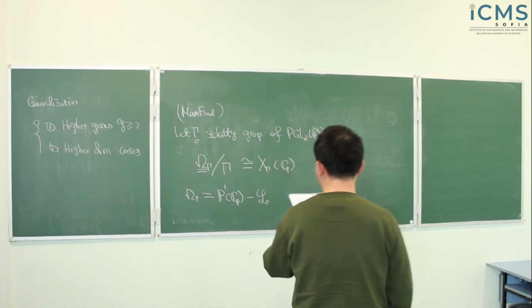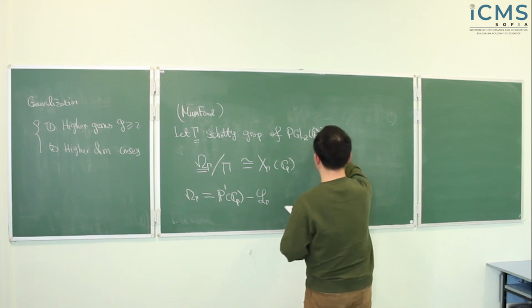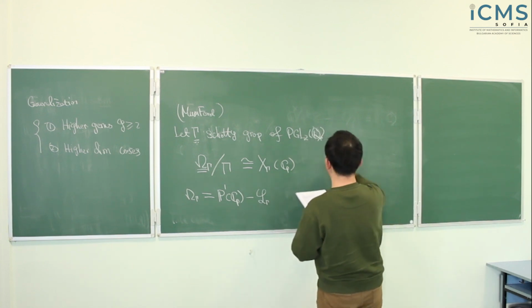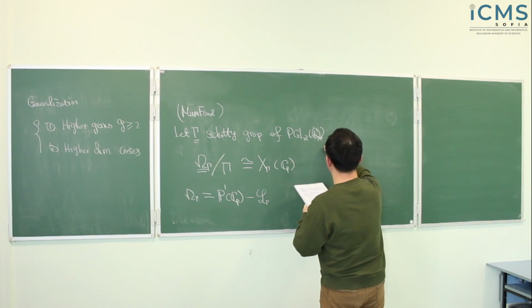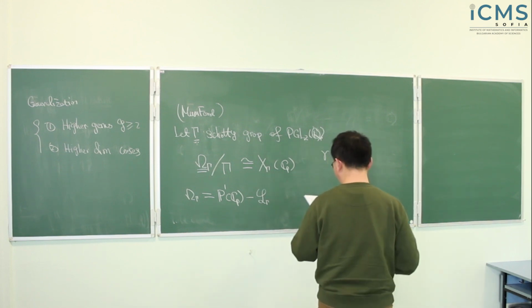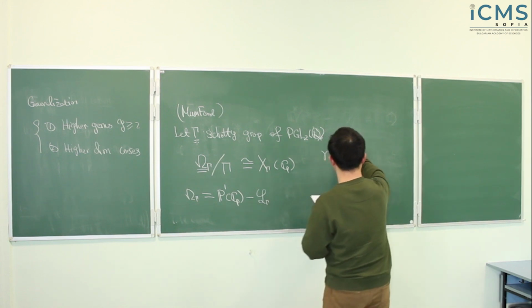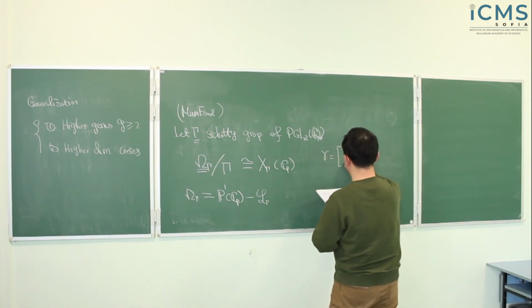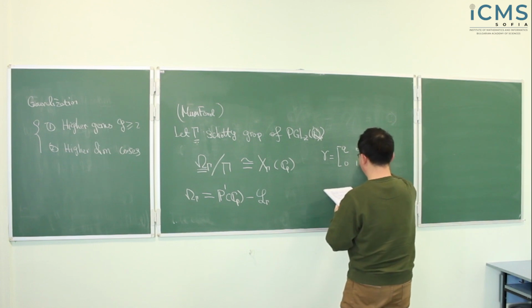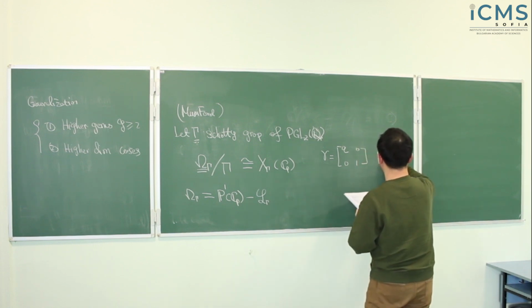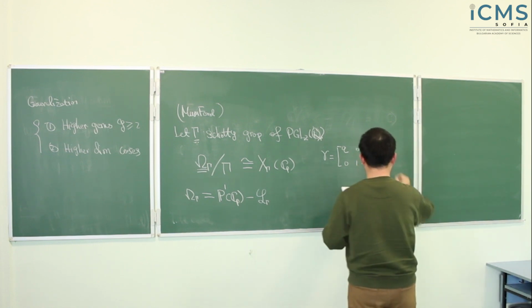The simplest example: K is QP and we pick an element generated by the matrix (q, 0; 0, 1), with the absolute value of q smaller than 1.